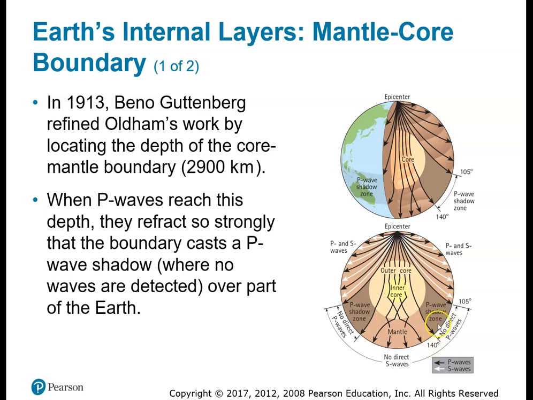So this shadow right here is just because of refraction, the bending of the P wave right at the boundary, just like when light passes through glass, it'll bend. Here's a good example of this. You might have seen this in school at some point.